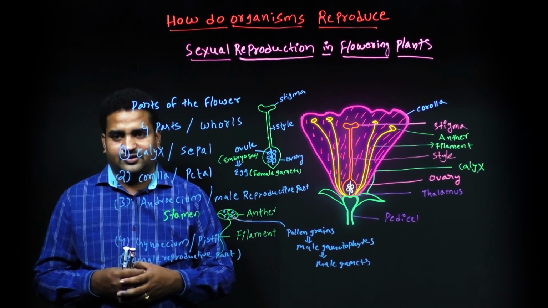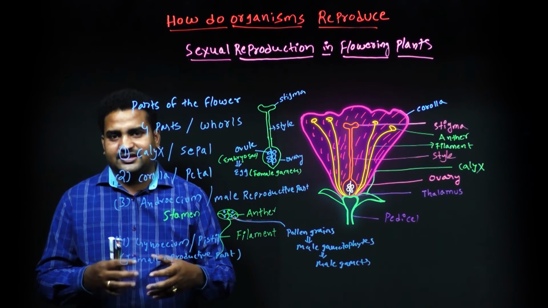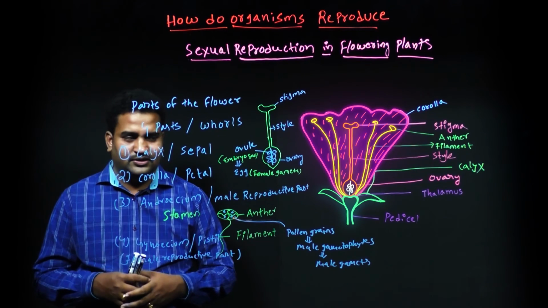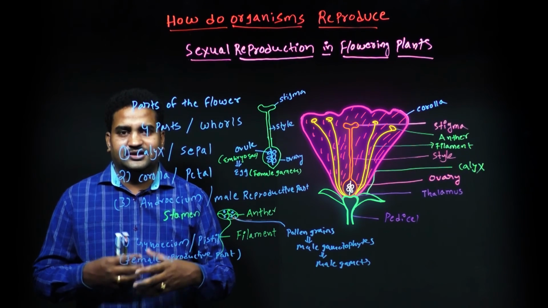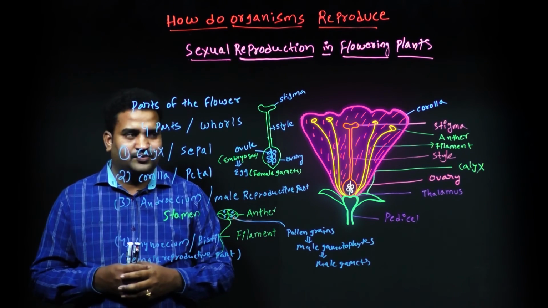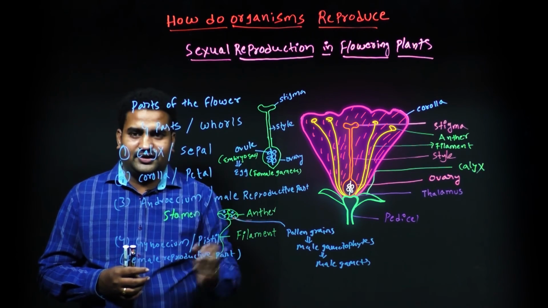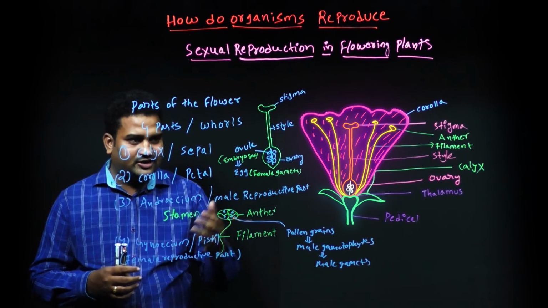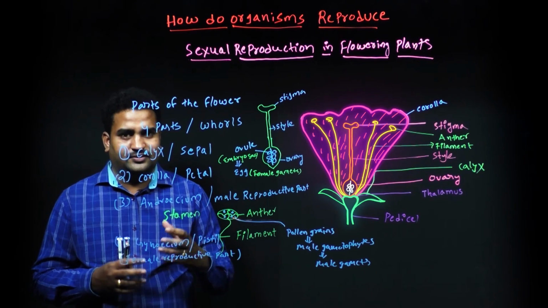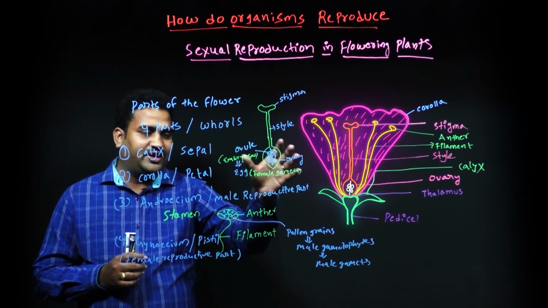And the female reproductive part of the flower is called gynoecium. The single unit is called pistil. Usually, pistil contains 3 important parts. The upper part is called stigma, which is the landing platform for pollen grains, the middle part is style, which is the connective part, and the inner swollen part is called ovary.